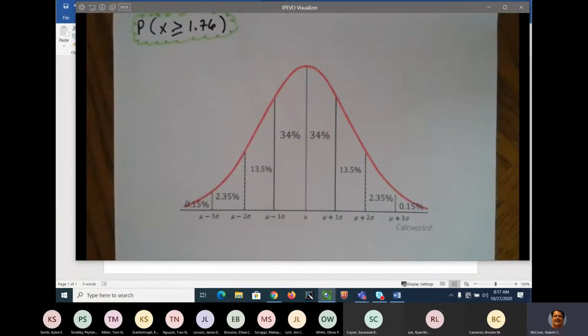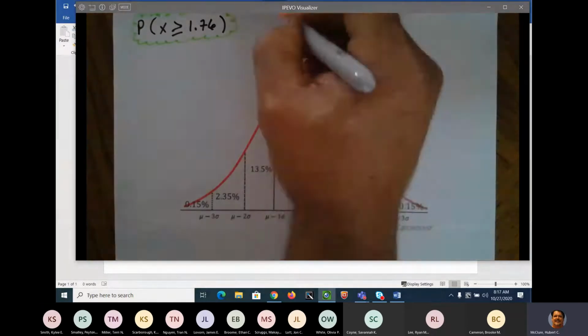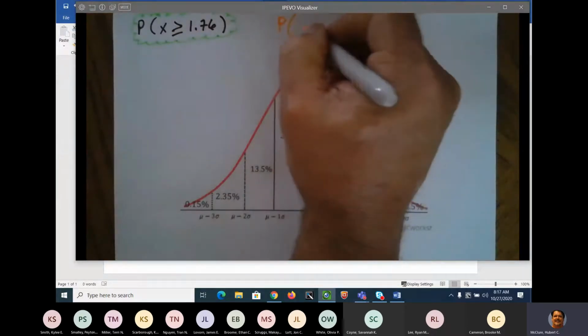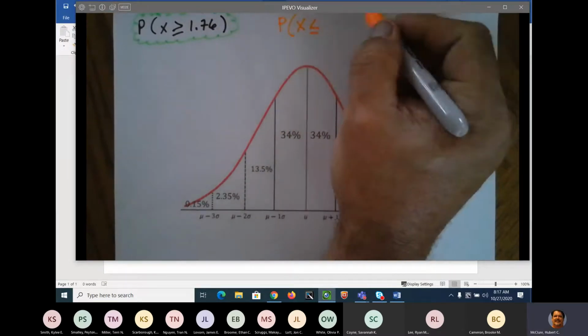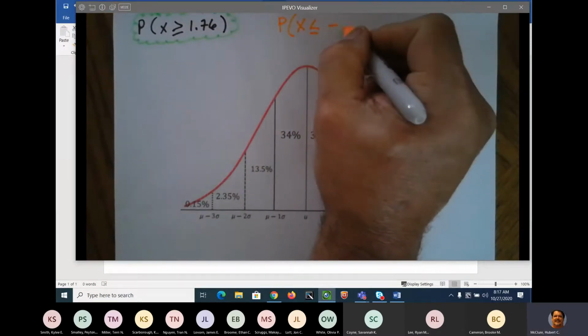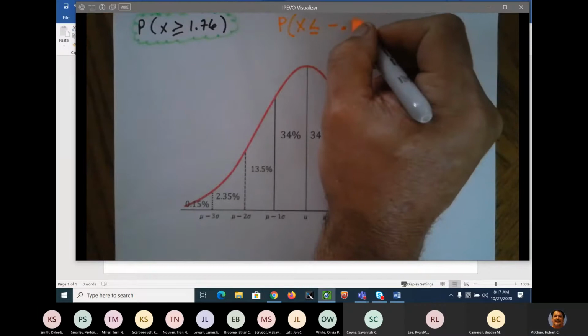Okay, and let's do orange. Let's do the probability of x being less than or equal to negative 0.75.